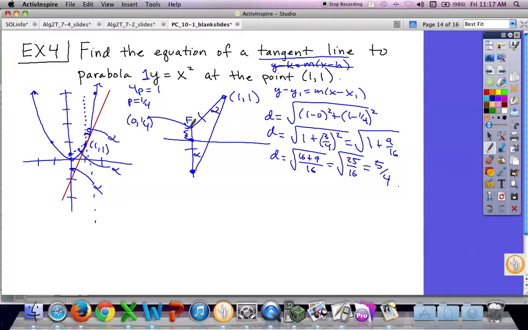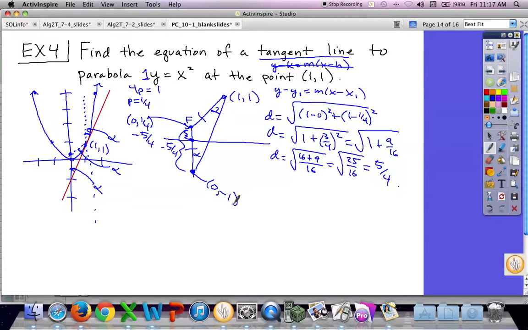If you go straight down 5/4 from the point (0, 1/4), what point do you hit? What is the y-intercept? Subtract 5/4: 1/4 minus 5/4 is -1, right? So this distance here has to be 5/4, which makes this point (0, -1).